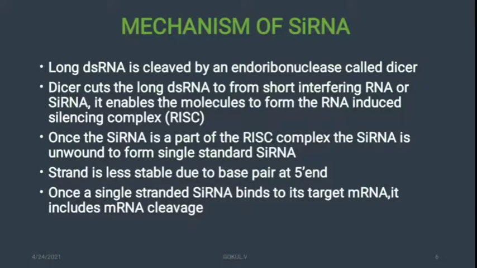Once the siRNA is part of the RISC complex, the siRNA is unwound to form single stranded siRNA. The strand is less stable due to base pairing at the 5' end. Once single stranded siRNA binds to the target mRNA, it induces mRNA cleavage.